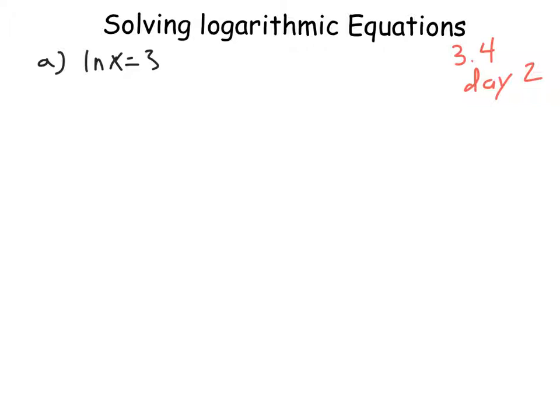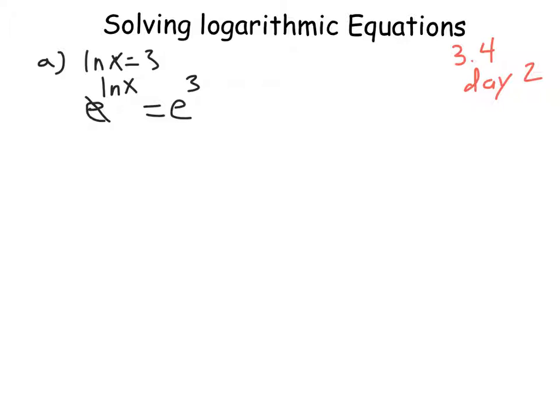Okay, a natural log has base e, so I would rewrite this equation like that. Okay, I turned both sides into exponents that are base e, which seems like kind of a strange thing to do, and maybe you're thinking, why would you do that?